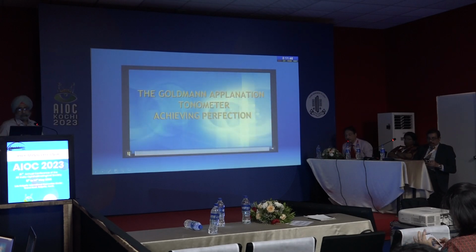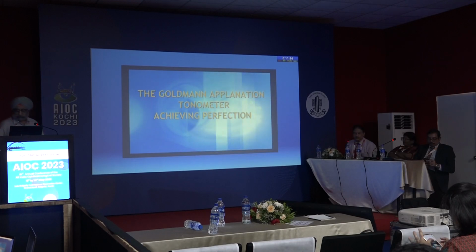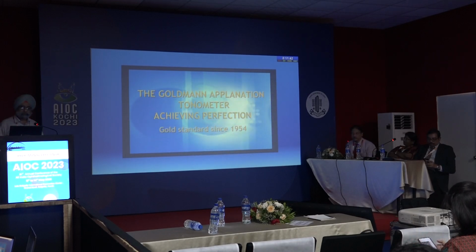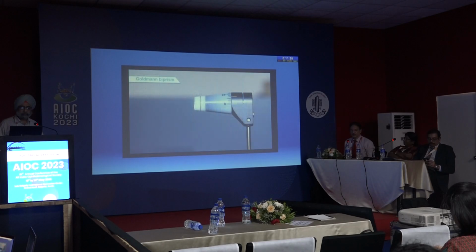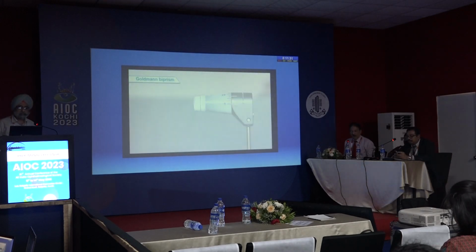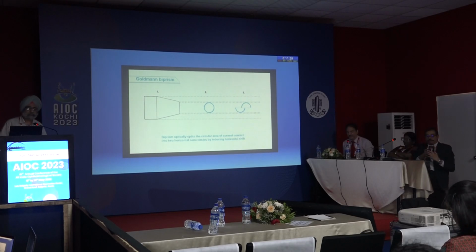Despite all these novel modifications of the principle of applanation, introduced in 1954, GAT still remains the gold standard instrument to measure IOP for the management of glaucoma. The probe consists of a doubling biprism which is used to applanate the cornea, and it optically splits the circular area of corneal contact into two horizontal semicircles by inducing horizontal shift.